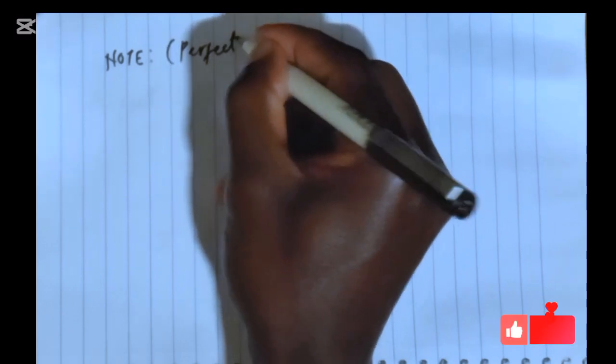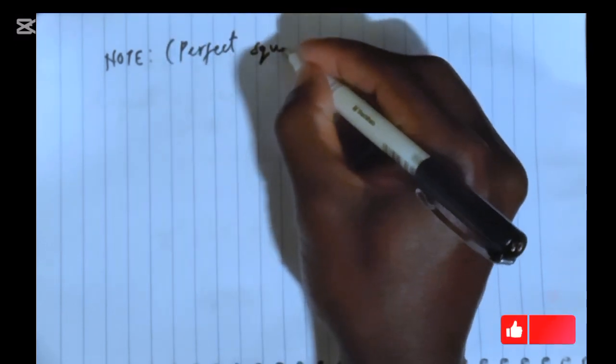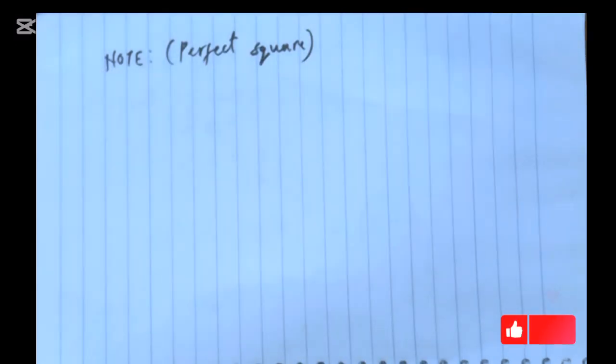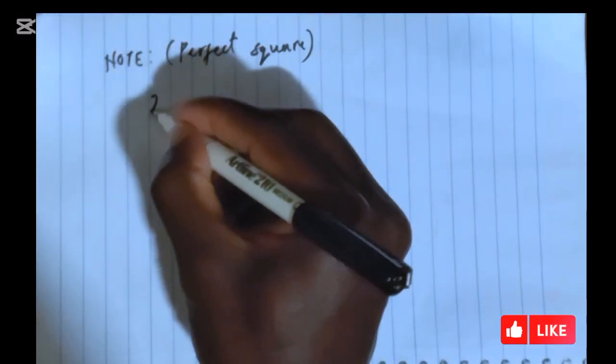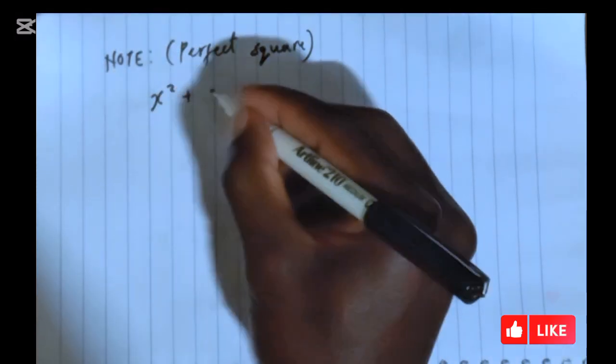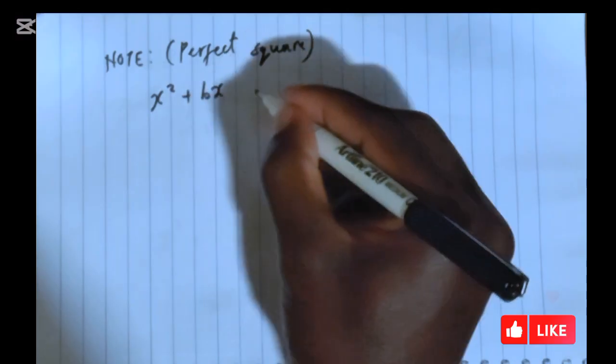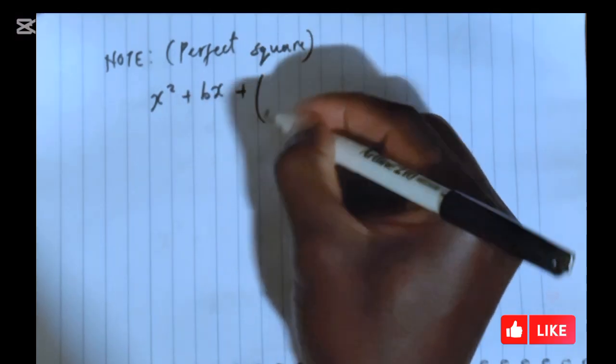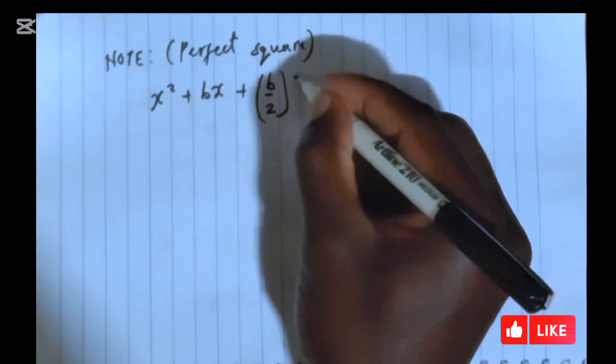All right, so this is a note on perfect squares of quadratic expressions, that it must take the form of x squared plus bx plus (b divided by 2) squared.